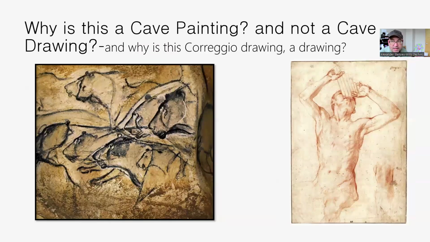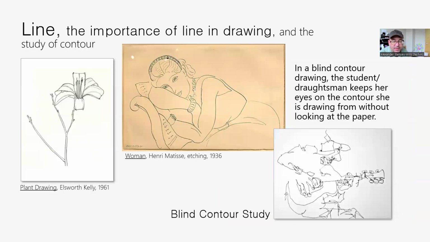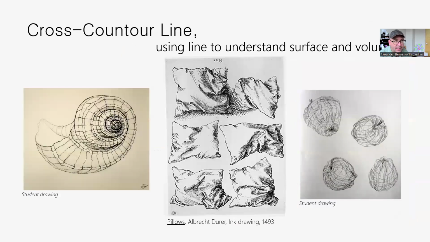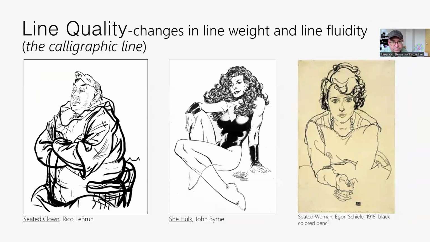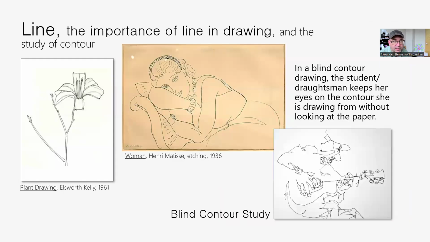Like I said, in this lecture, the very first thing we talk about is why they should be called cave paintings, or why not cave drawings? They are in many ways more like drawings than they are paintings. Then we cover a number of topics. We talk about the importance of line in drawing.